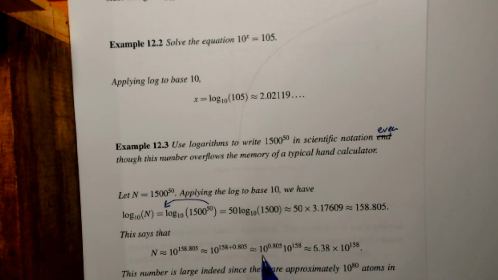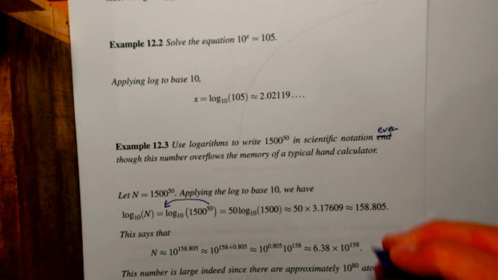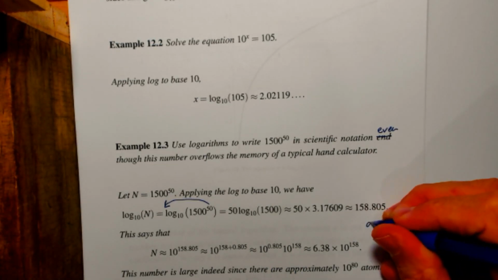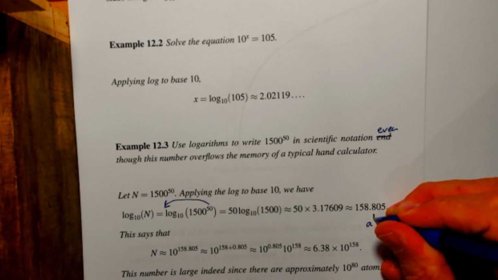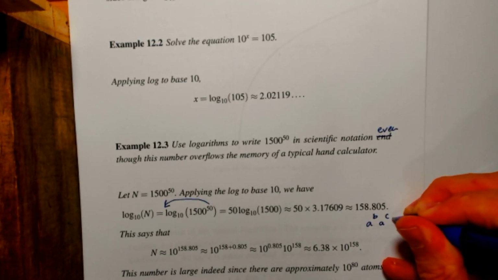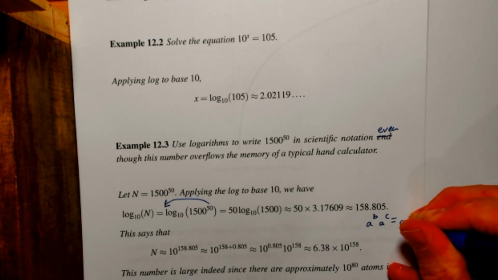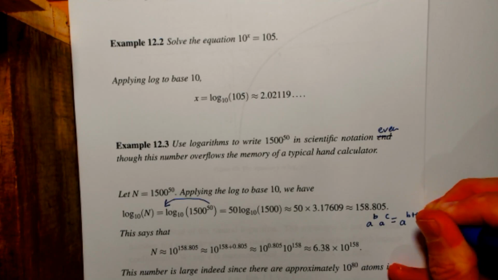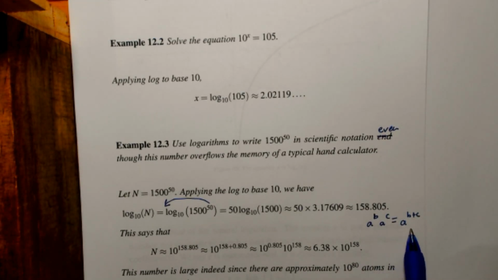And then separate this using an exponent rule. So in other words, a to the power of b times a to the power of c is equal to a to the power of b plus c. Right? So we're using this in reverse.